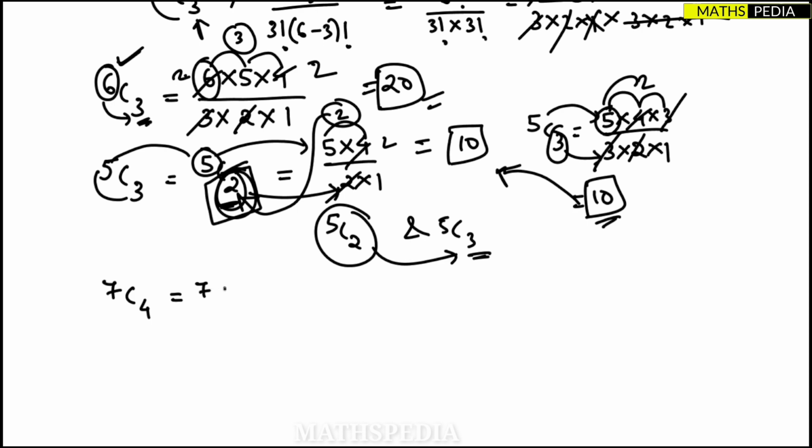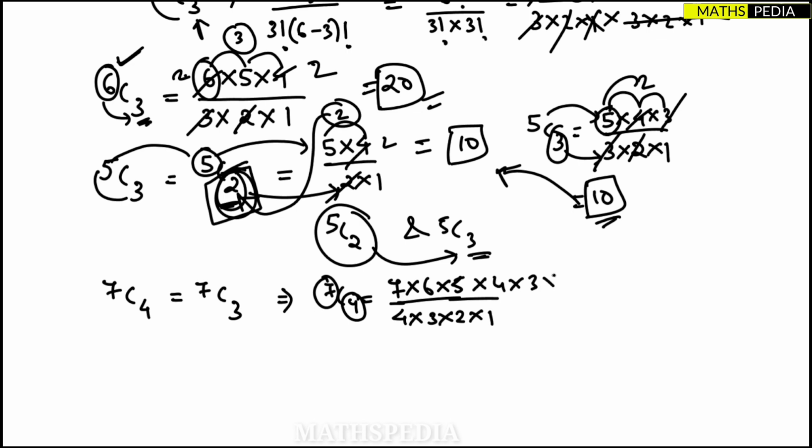7c4 is same as 7c3. So 7c4 we will calculate first. The down part is 4, so directly you write 4 factorial. The upper portion is 7, so first you write 7. In decreasing order you multiply. So 7 into 6 into 5 into 4 into 3 into 2 into 1.